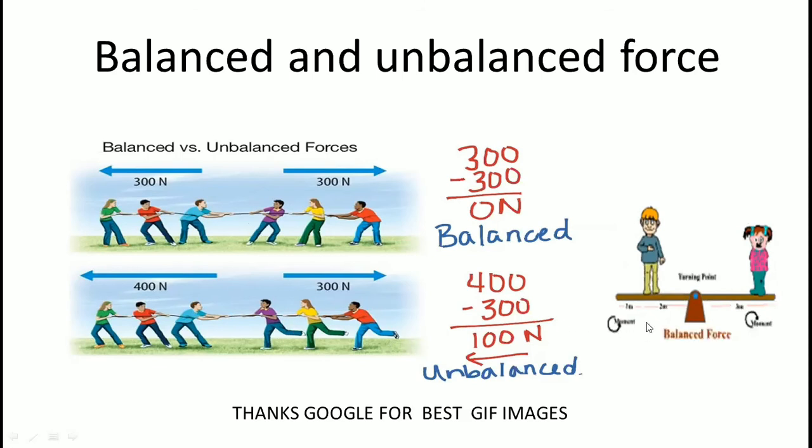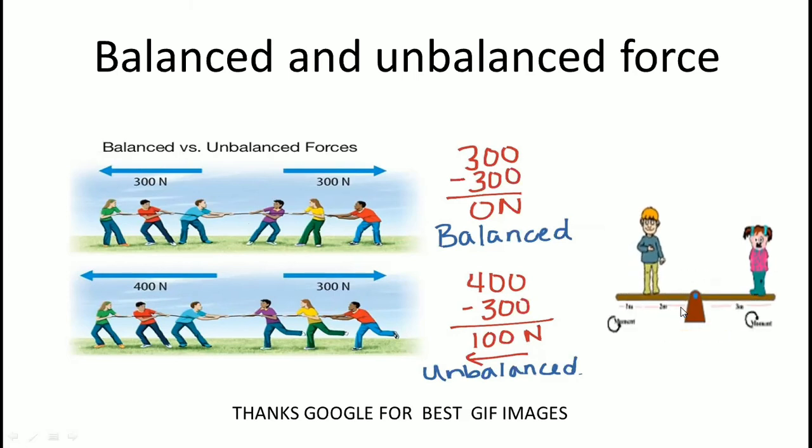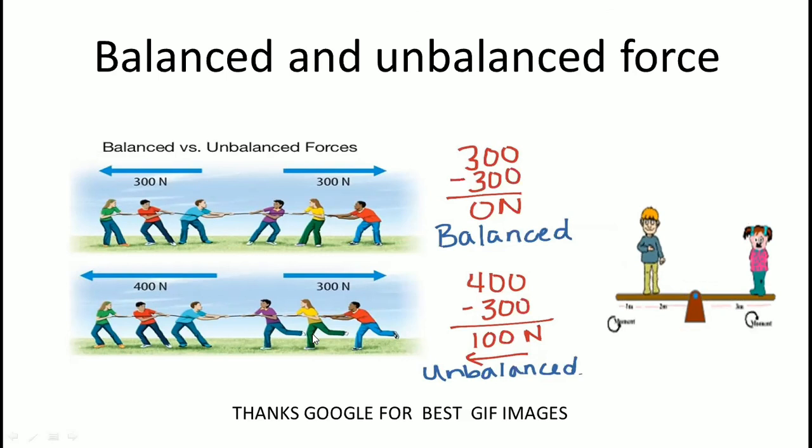Here you show one GIF image. When the boy is at the same position, that is your balanced force. Again, when the boy comes down, that is the unbalanced force. That means you have to show balanced and unbalanced force like children's play in your ground. Suppose these are class A students and these are class B students, playing tug of war on a ground with a rope.